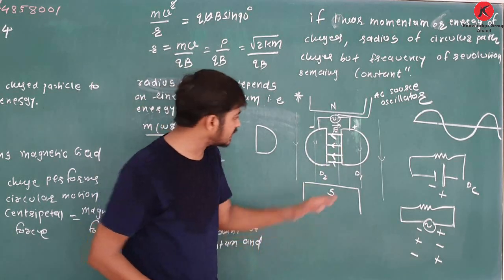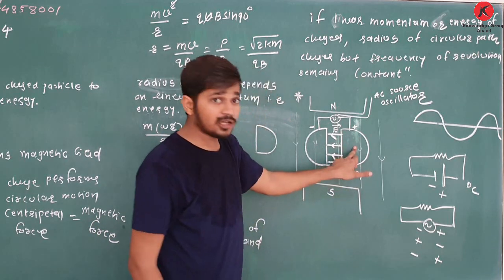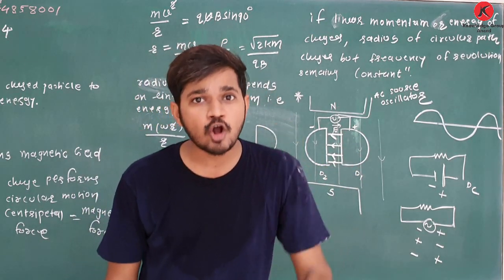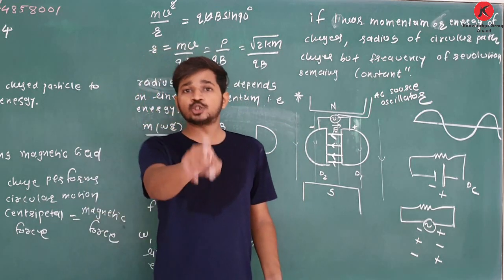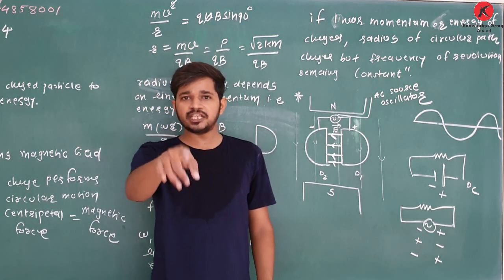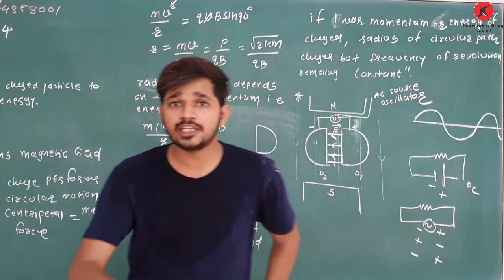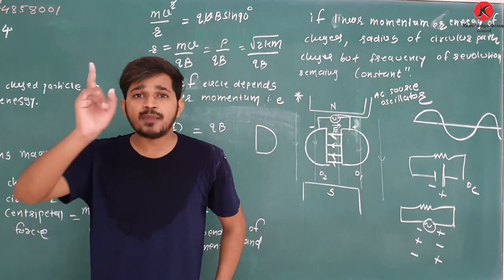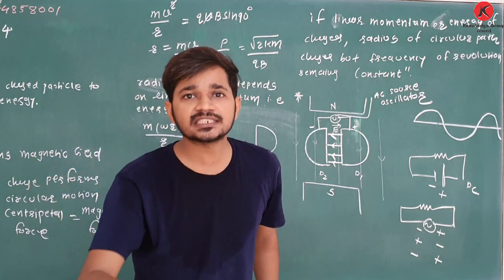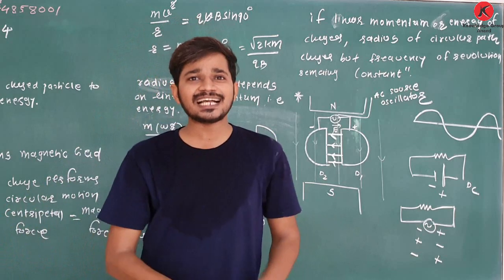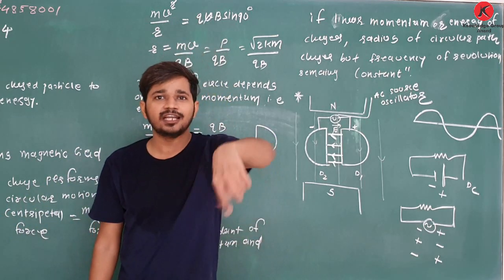Now you may say there is no electric field inside, since the Ds are conductors and they are hollow. Remember chapter 2, electrostatic potential and capacitance, the topic electrostatics of conductors. Remember the first point: inside a conductor the electric field is zero, and inside a cavity the electric field is zero.